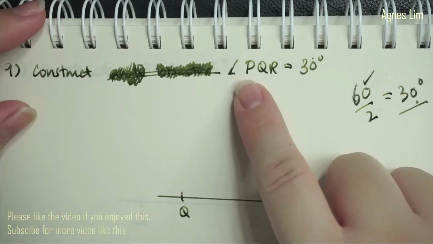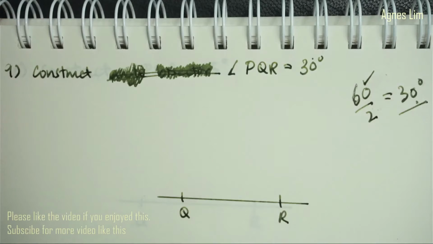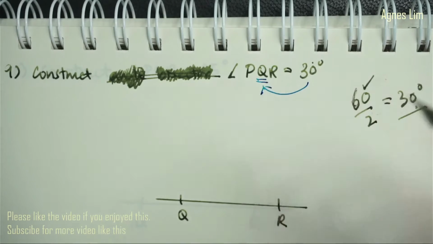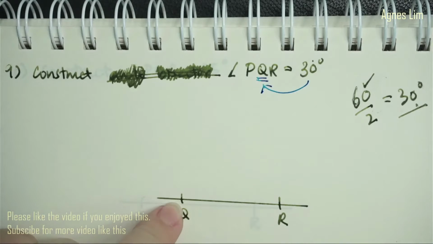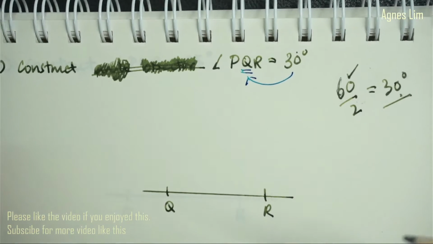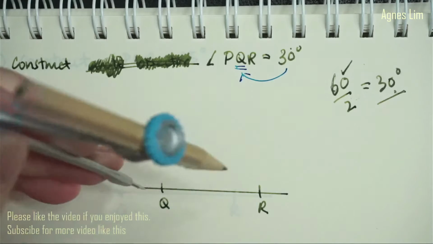Now, we've got PQR, which means that Q is the one getting the 30 degrees. So we're going to start here. It's half of 60, so we need to create 60.